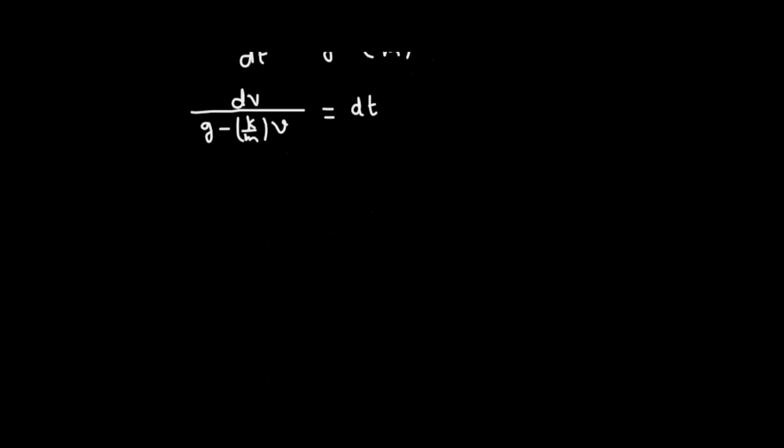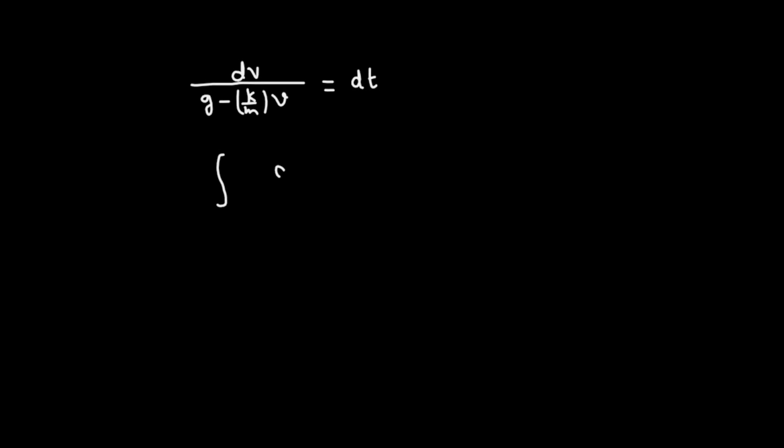So that should give us the integration of dv divided by g minus k over m times v, where velocity is going from 0 to v, which equals the integration of dt with time running from 0 to t.